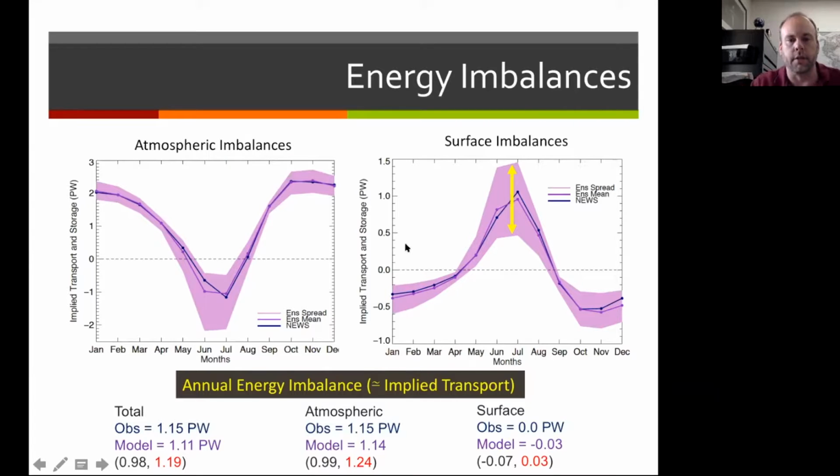And so clearly there's some value, I think, in having these observation-based estimates for evaluating what climate models are doing, and also maybe trying to examine the physics that's responsible for this spread between models.